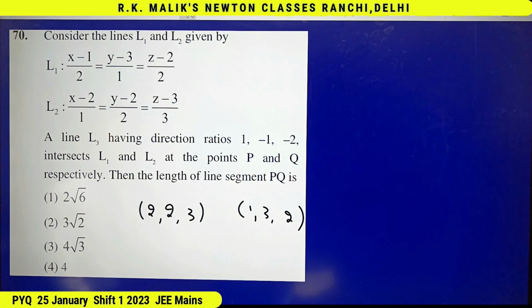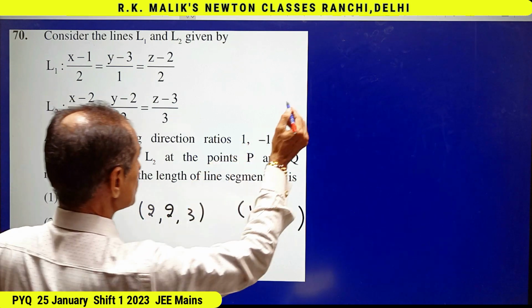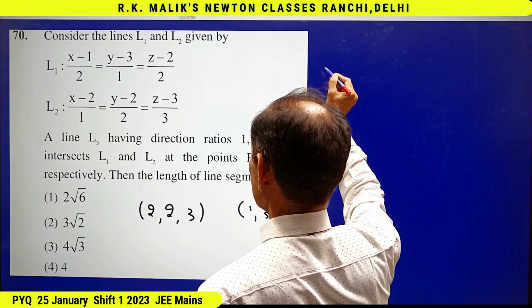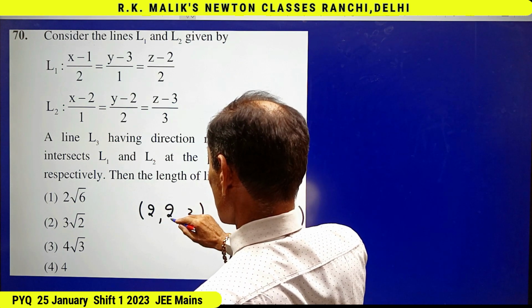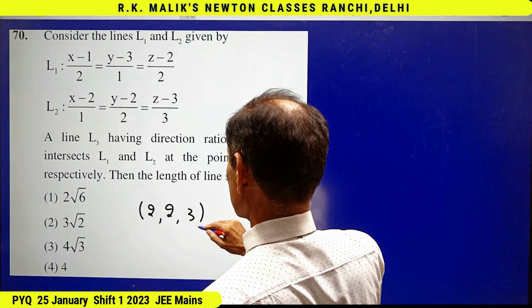Obviously, the equations of the two lines in shifted form will be obtained by writing x plus 2 for x, y plus 2 for y and z plus 3 for z.